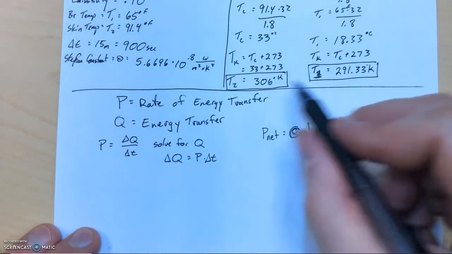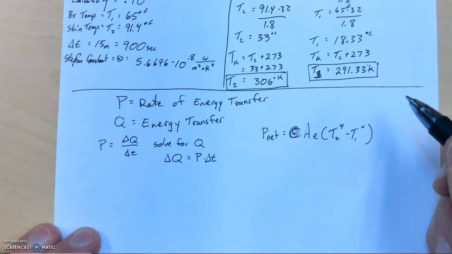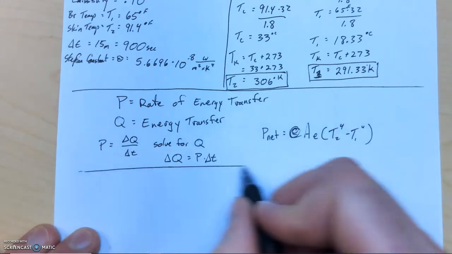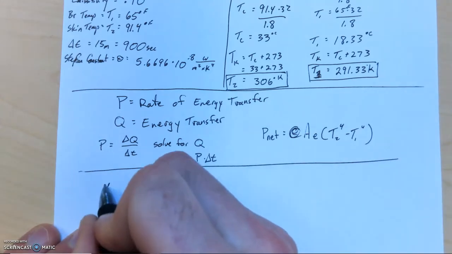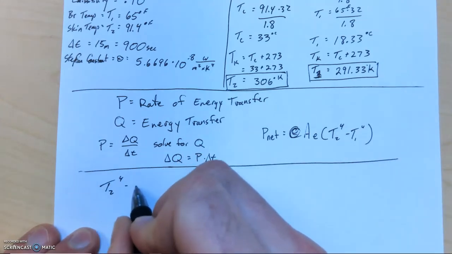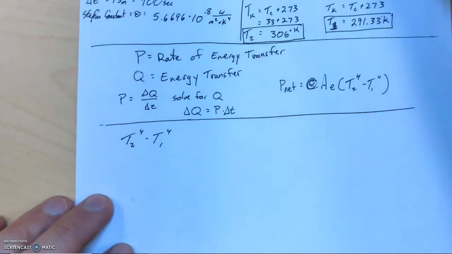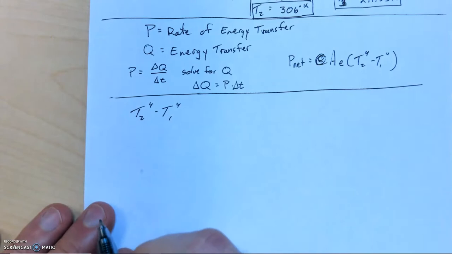So let's put in our Kelvins. Let's solve for this part first. All right, so we're going to solve for the T2 first. All right, so T2 to the fourth minus T1 to the fourth. All right, since we know those numbers, we can work with that first.